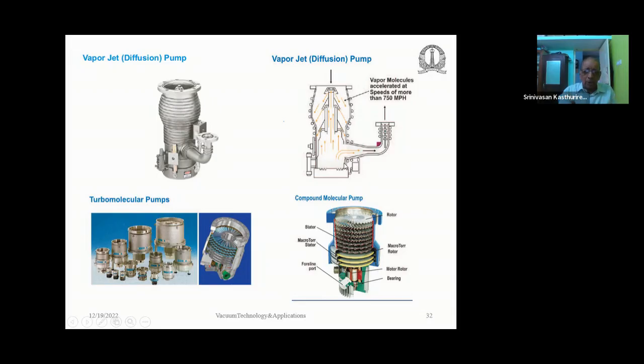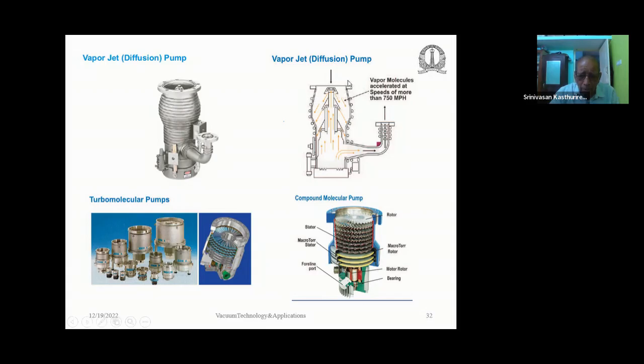So the process is continuous. From the center, the oil is vaporized, it goes up, then forms a jet, and the jet goes downwards and pulls all the gas molecules from the upper space down. And as it comes down, the oil vapor molecules are all condensed and again become liquid oil.